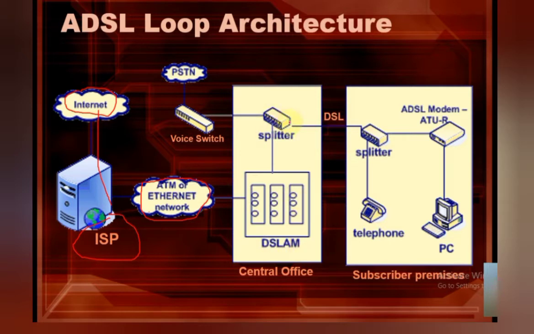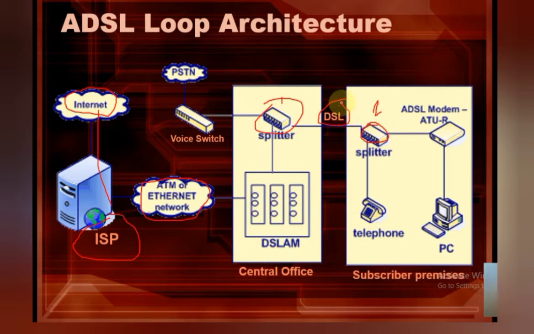In between two splitters, let's say this is splitter 1 and this is splitter 2, we have a DSL. We have to know these things. So this DSL is in between two splitters.